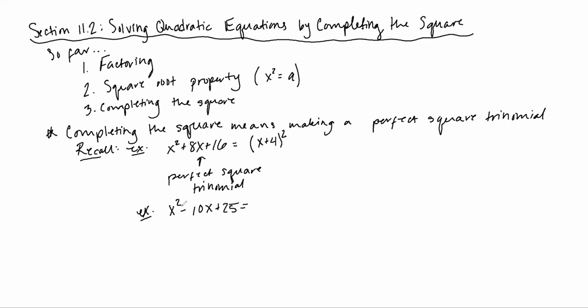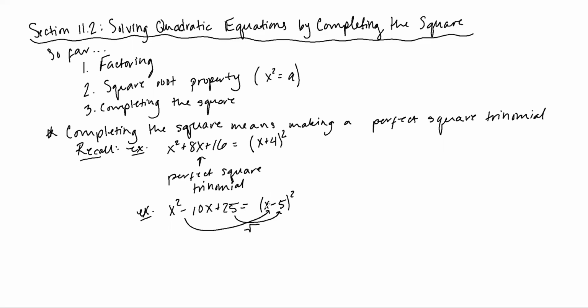The only difference here is that this middle number is a minus, which just means we'll have a minus in our factored form. So it's always the square root of the last number, and then the sign will always match what you have here in the middle. So that's going to help us when we get to actually solving some of these.